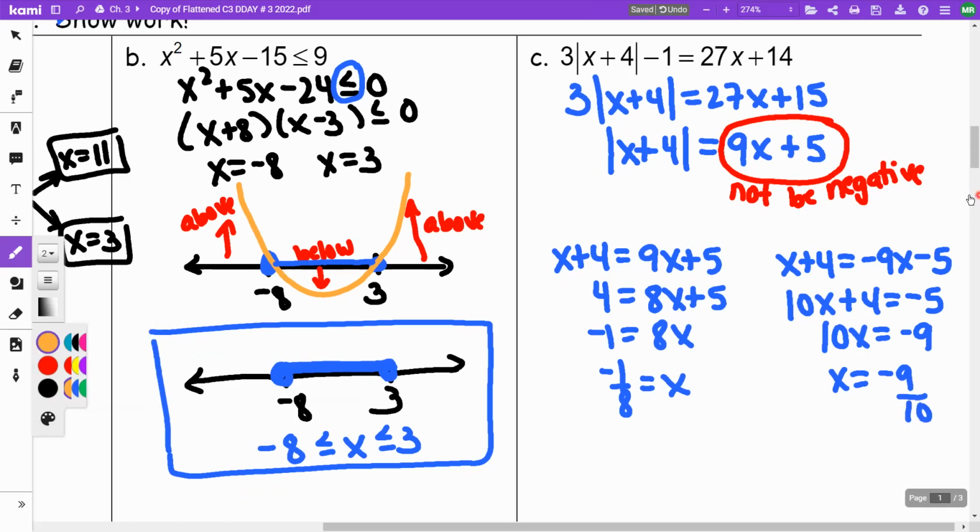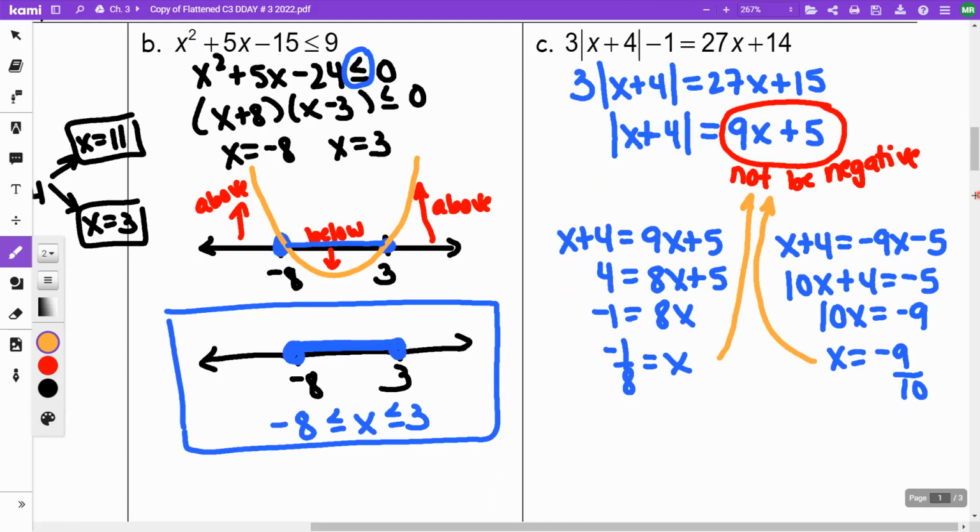So I need to check both of these up here and see if they make it negative. If they do, they won't be a solution. So 9 times a negative 1/8 plus 5, if I put that in my calculator, I got a positive 3.875.